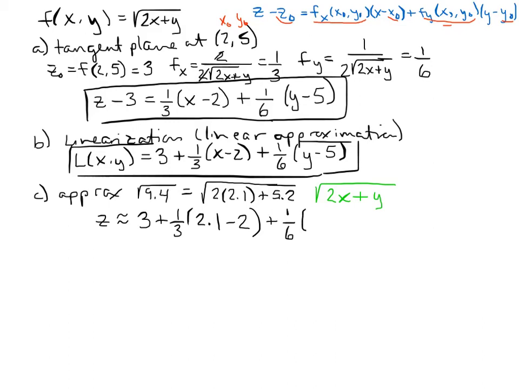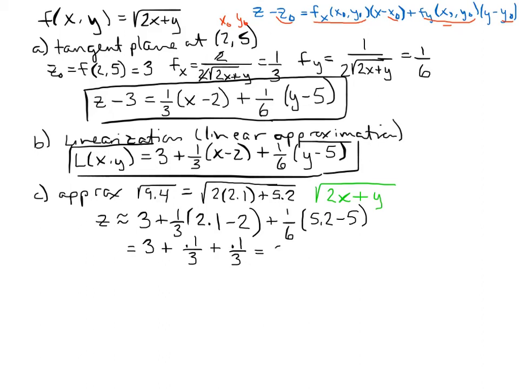Now the y value that we can get from right here is 5.2 minus 5. All right, so this is 3 plus 2.1 minus 2 is 0.1 over 3, plus 5.2 minus 5, that's 0.2. 0.2 divided by 6, well, that's also 0.1 over 3.